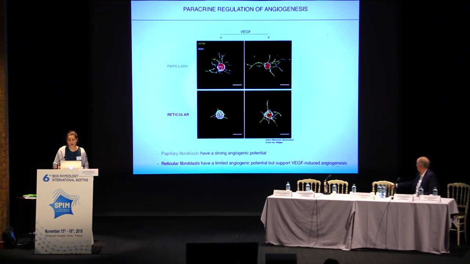Using this model, we observed that the papillary fibroblasts are able to secrete factors that could sustain the formation of a lot of branched capillaries independent of VEGF stimulation. That means that papillary fibroblasts have a really high angiogenic potential. On the contrary, the reticular fibroblasts secreted factors with a low angiogenic potential, but still able to sustain the formation of capillaries in response to VEGF.